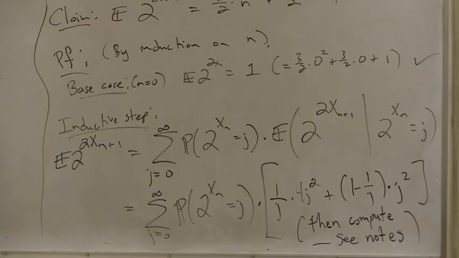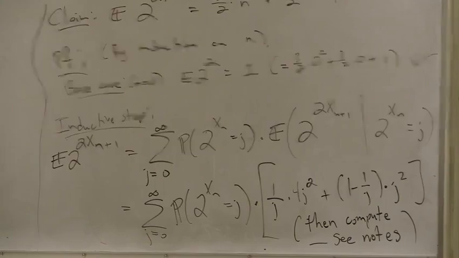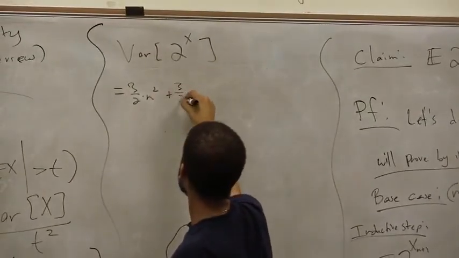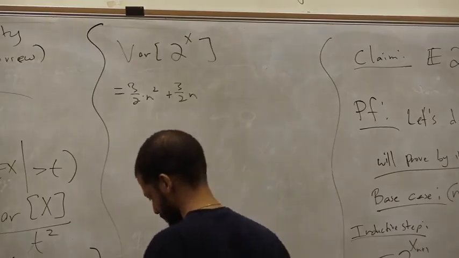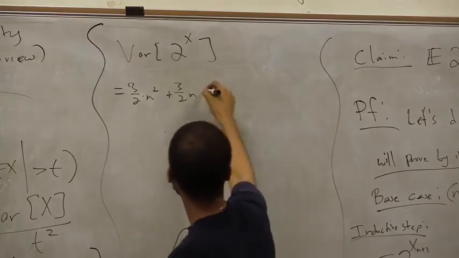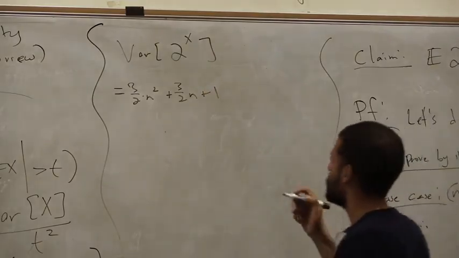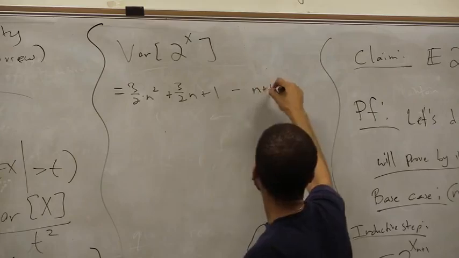So that implies that at the end of the day, the variance of 2 to the x is equal to 3/2 n squared plus 3/2 n plus 1 minus n plus 1 squared.